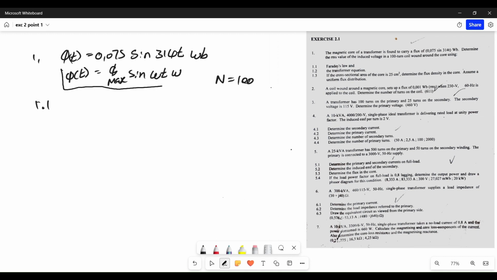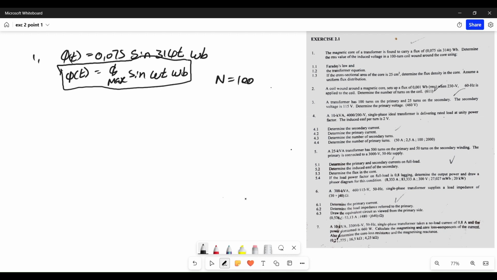So we know this part, which is 0.075, is our maximum flux, and we know that 314 is our rotational speed. And then our N is equal to 100.